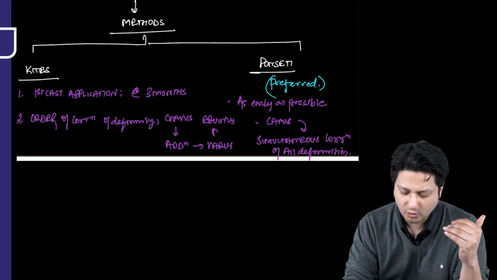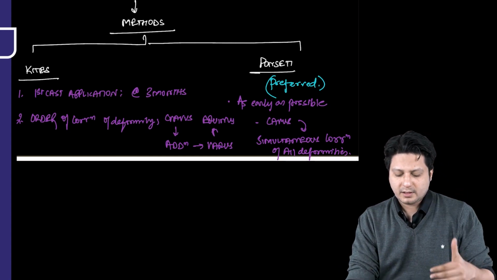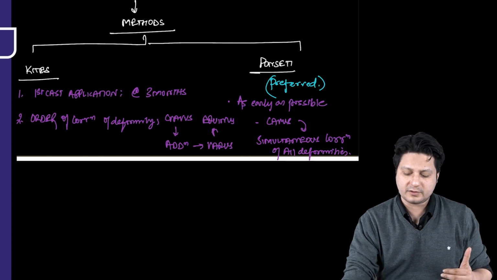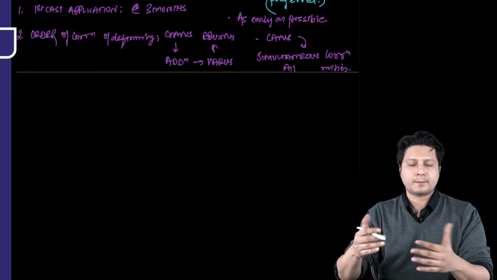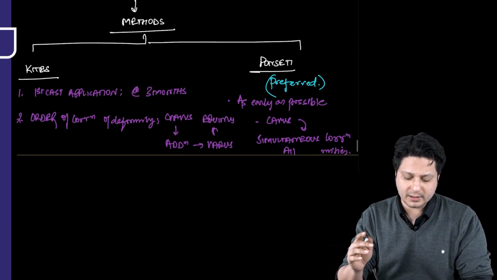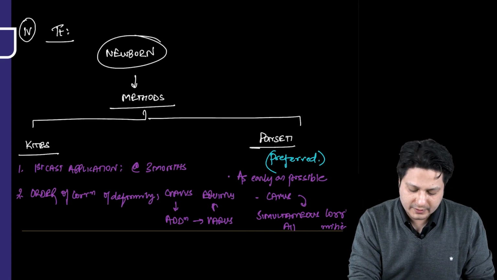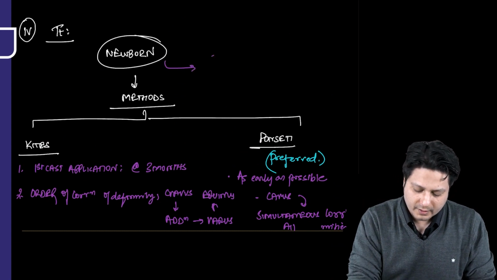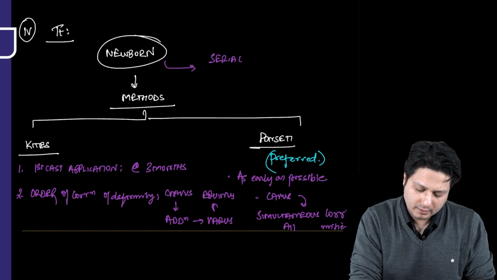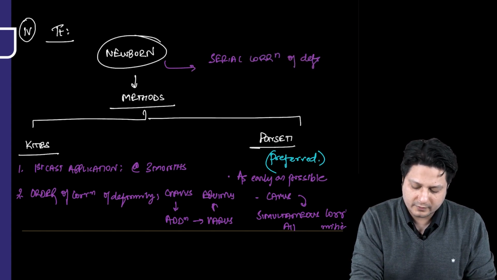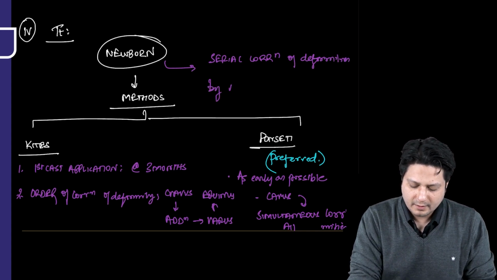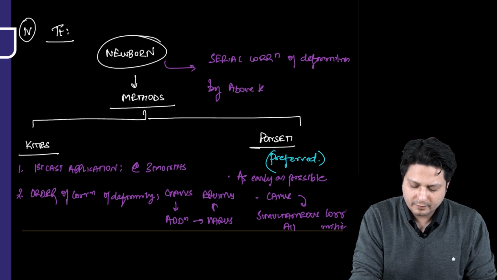Now let's discuss the meaning of the timing of the first cast application, or what cast application is. Actually, the treatment of CTEV in a newborn is achieved by serial correction of deformities by above knee casts.